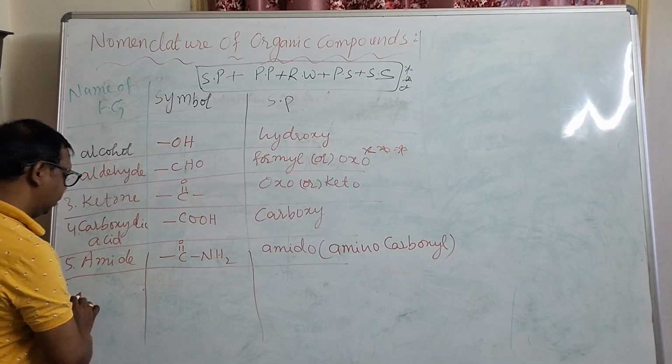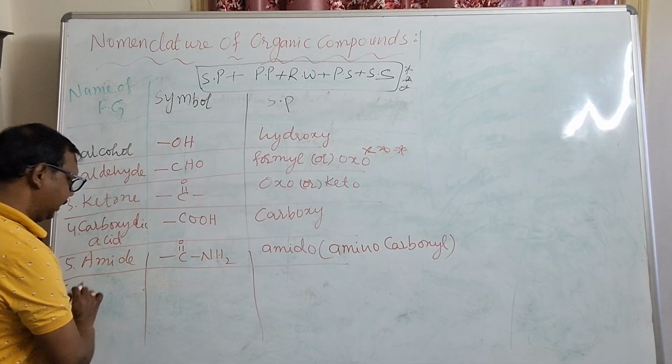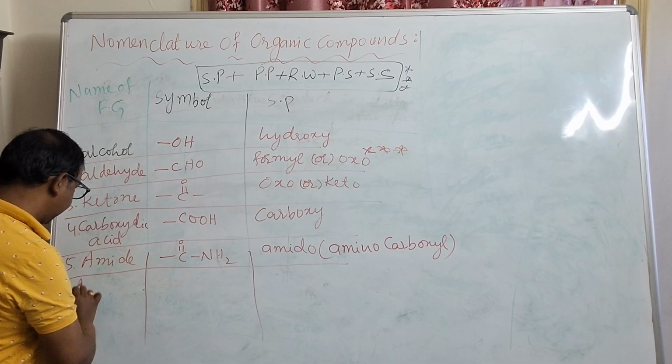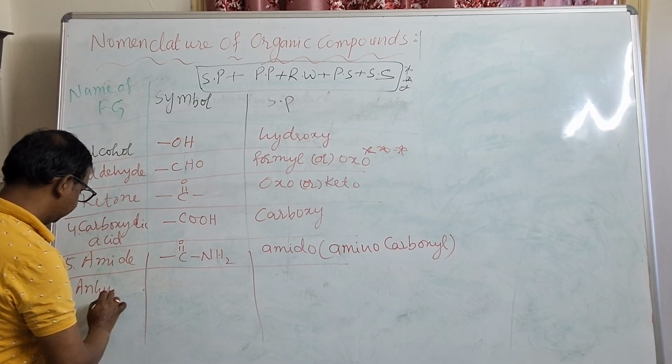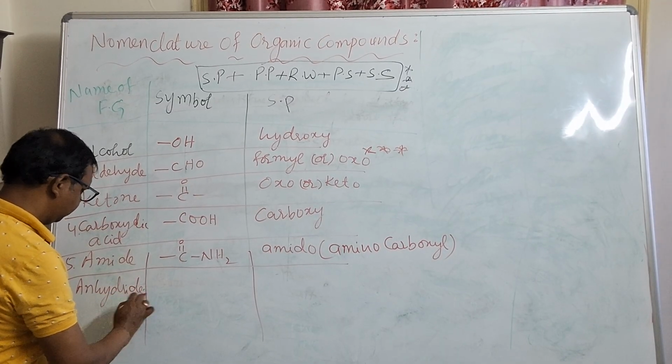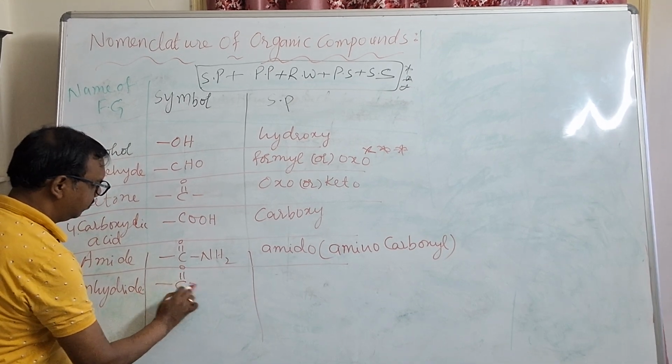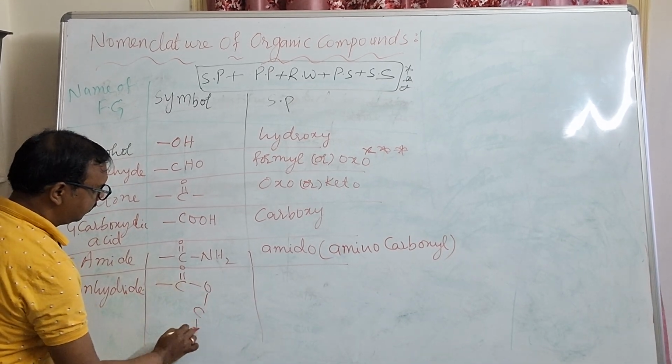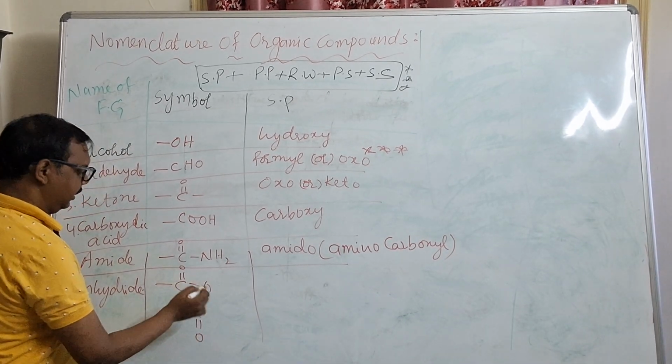And next, the sixth one, we can write it here as anhydride. C double bond O, C double bond O. Yeah, here it is anhydride.